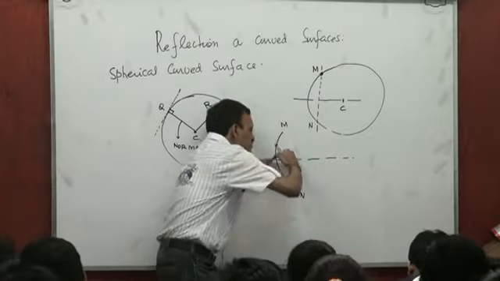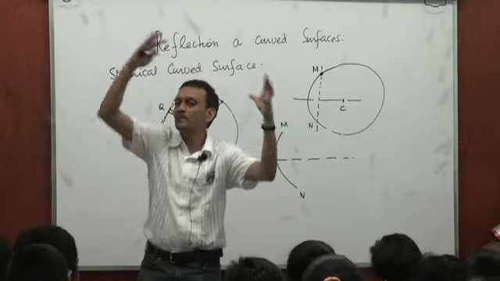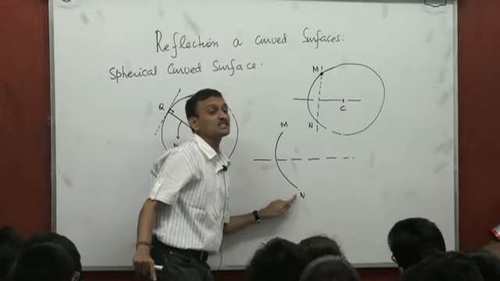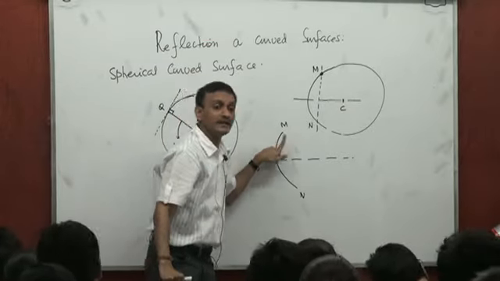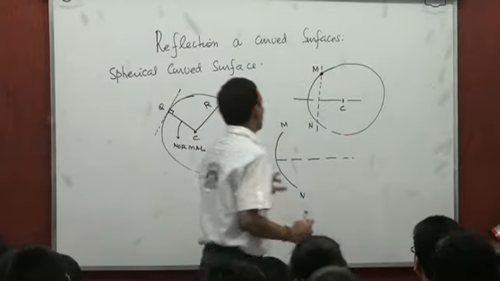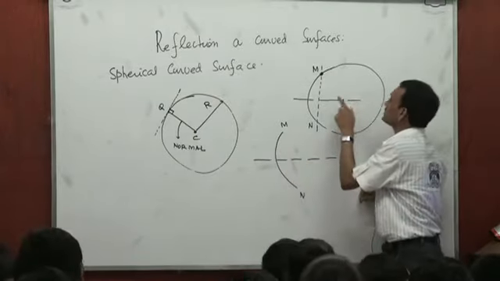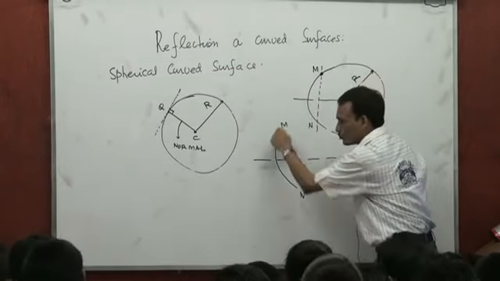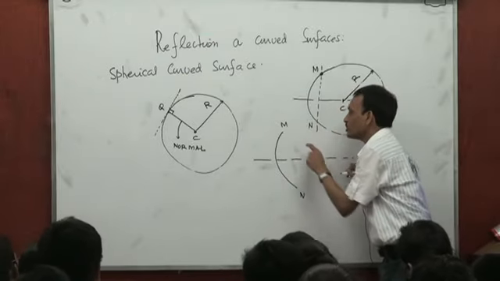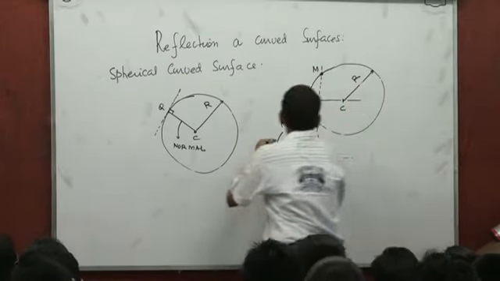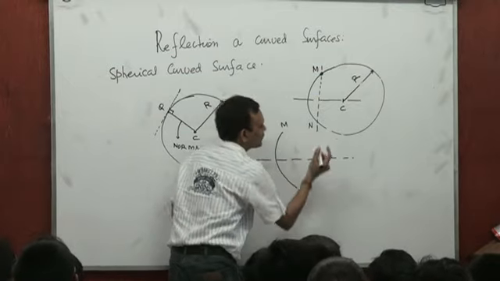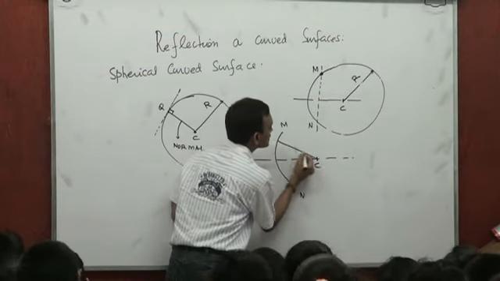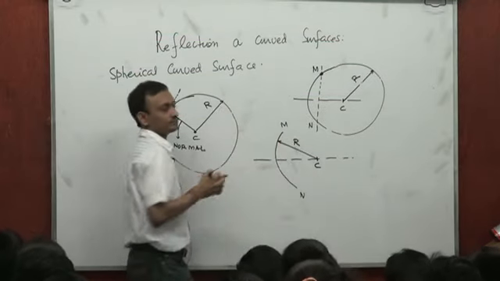Now, when you cut this portion MN out, it's part of the bigger sphere. So this surface is a spherical surface. It's not a full sphere, but it's spherical in character. The radius at every point of the surface is still r. Even if you cut this and just use this portion, it is part of a sphere whose center is C and whose radius is r.